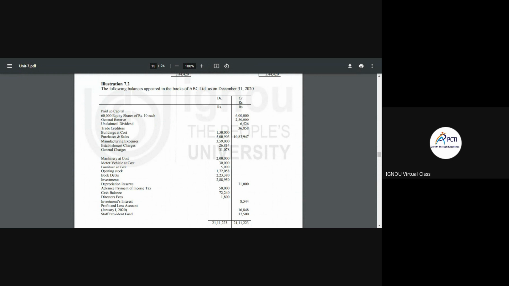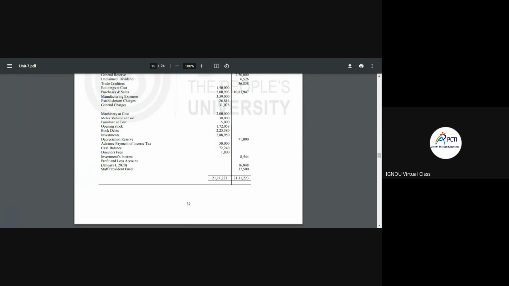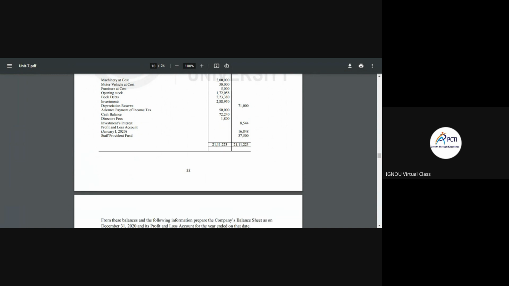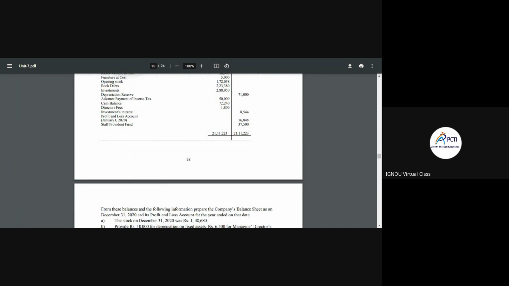In this illustration, we have different things like paid up capital, that is 60,000 equity shares of rupees 10 each, general reserve, unclaimed dividend, trade creditors, building at cost, purchases and sales, manufacturing expenses, establishment charges, general charges, machinery at cost, motor vehicle at cost, furniture at cost, opening stock, book debts, investment, depreciation reserve, advance payment of income tax, cash balances, directors' fees, investment and trust, P&L account from January 2020, and staff provident fund.